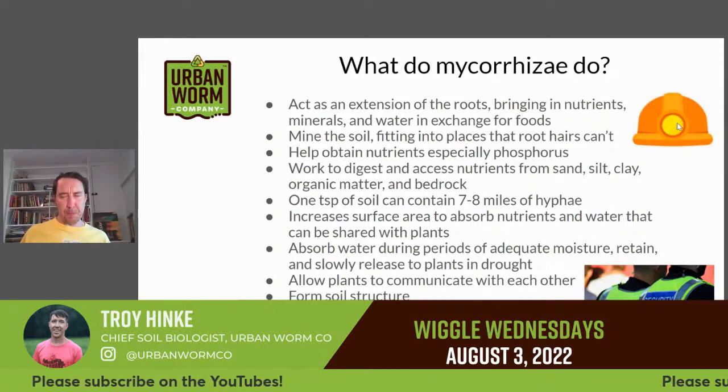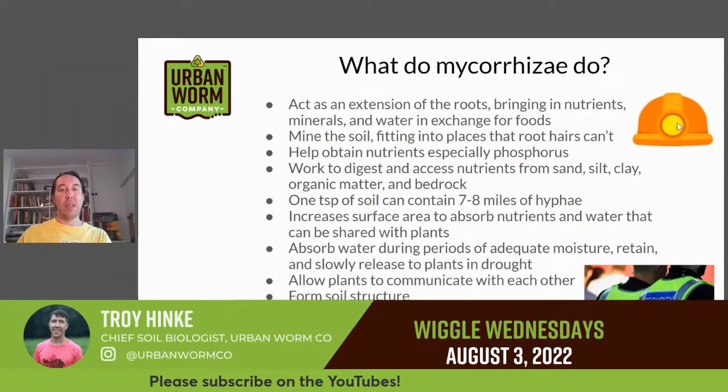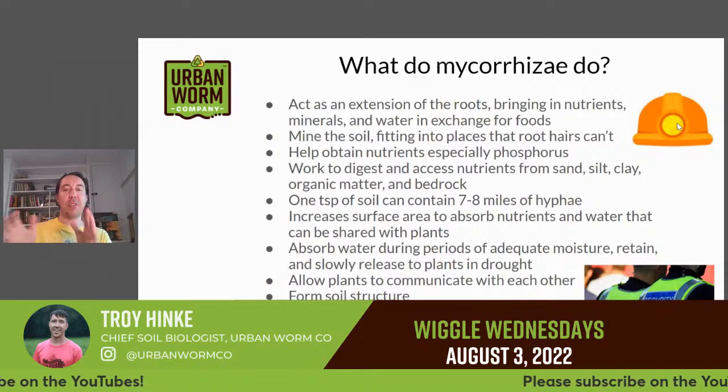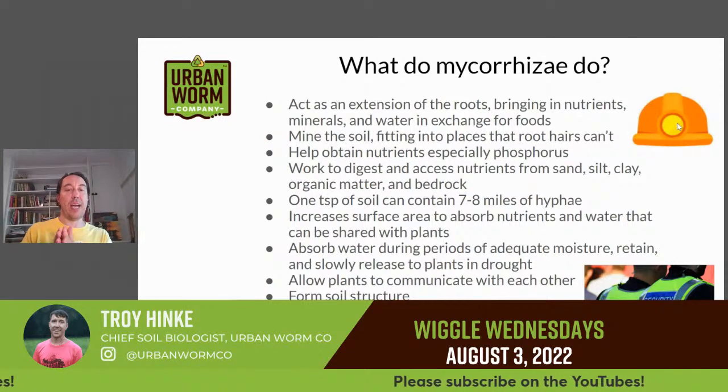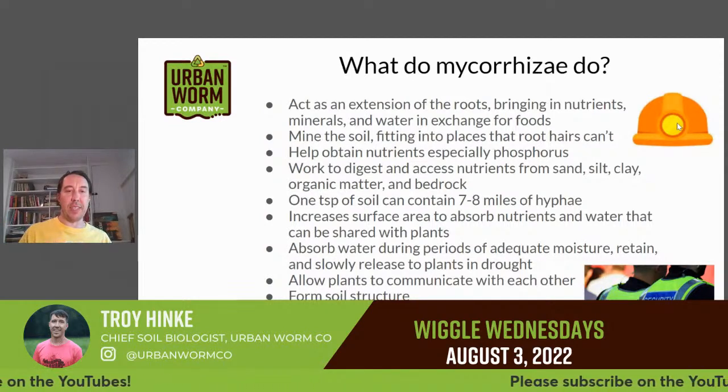Or also, if there's a diseased section of the forest, through the mycorrhizal network, the trees may cut off sending nutrients and water and other things to that section, because they know that it's going to die, and so they'll just allow nature to take its course and not feed that section.